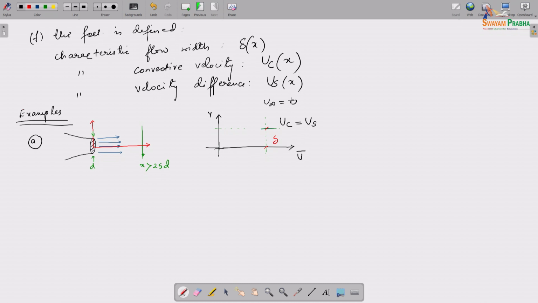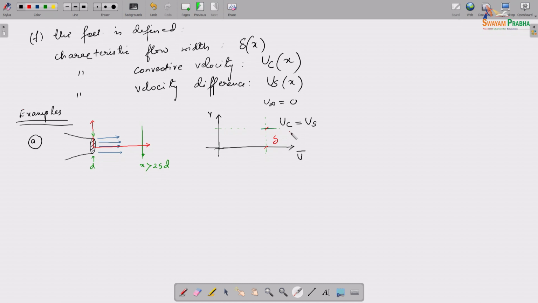So u infinity is 0, and say you are approaching the jet from the quiescent flow, which is the ambient. Now if you come from there, initially your velocity is 0. When do you know that you have actually accessed the jet? When you get a velocity u c, when you see this velocity.